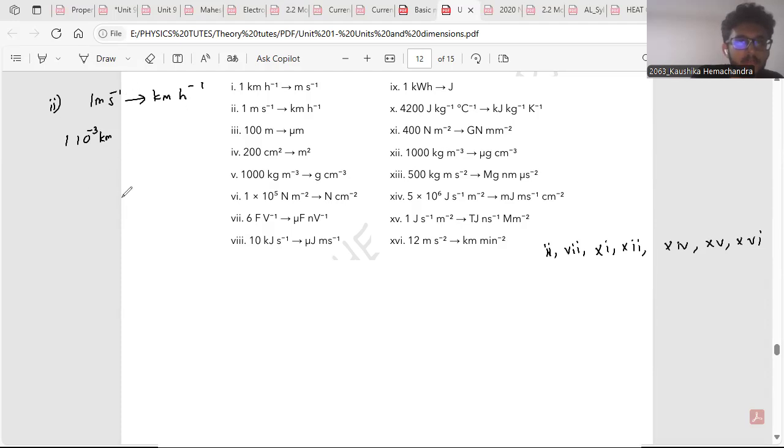And 1 second is how many hours? 1 hour is 60 minutes. Each minute has 60 seconds. So 1 hour is 3600, that's 60 into 60 seconds. 3600 seconds is 1 hour. Then 1 second is 1 over 3600 hours.